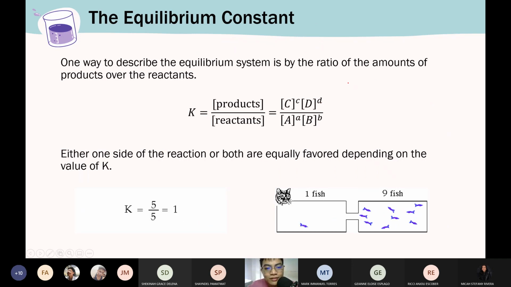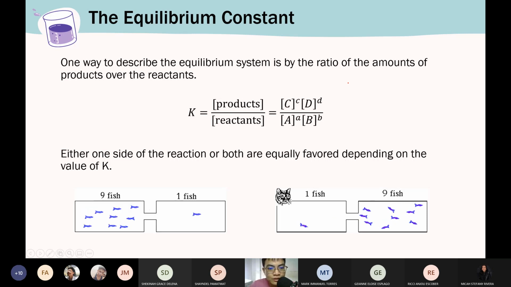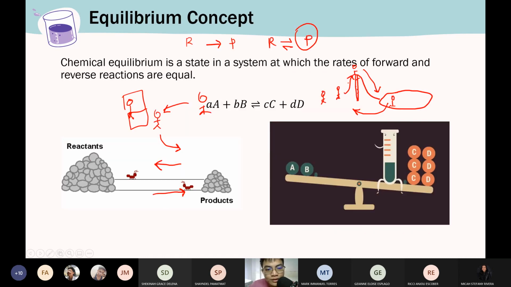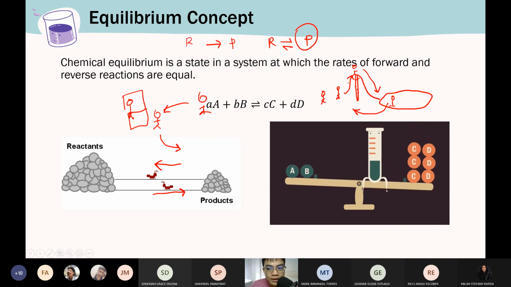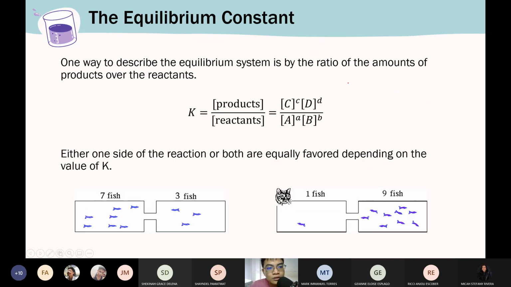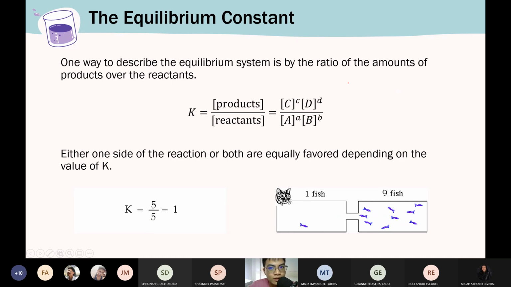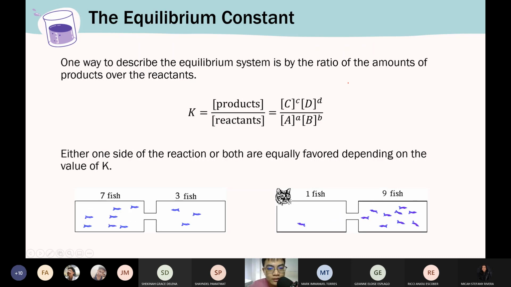So, chemical equilibriums are often described by an equation that shows the concentration of the product and the reactant. Okay? So, itong equilibrium system natin, it is described mathematically by this equation. This equation is called the equilibrium constant. Okay? And the equilibrium constant is the ratio of the amounts of products and the reactants.